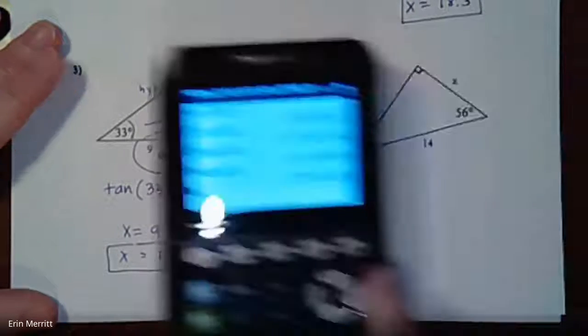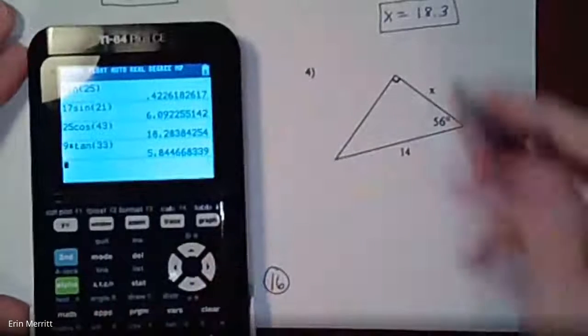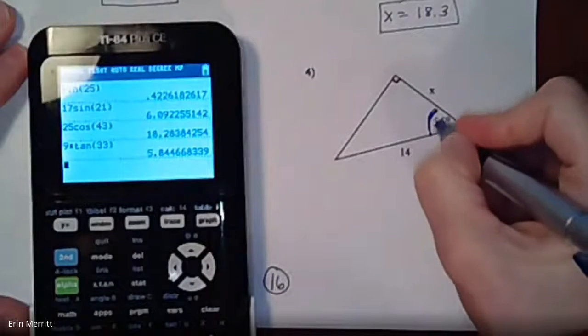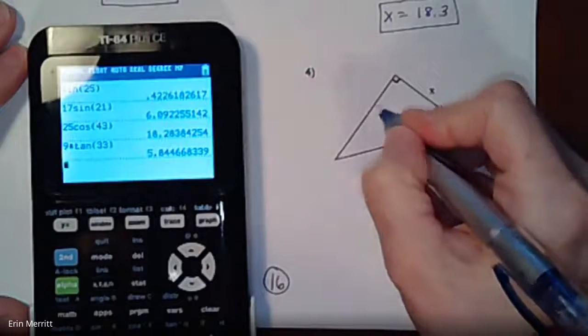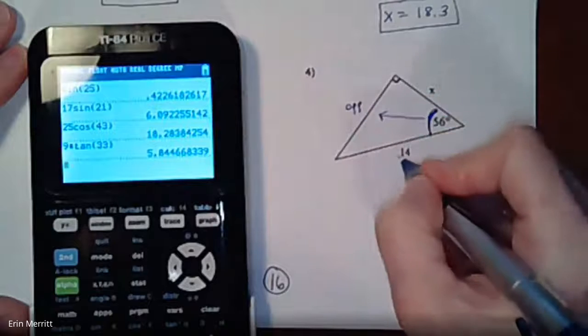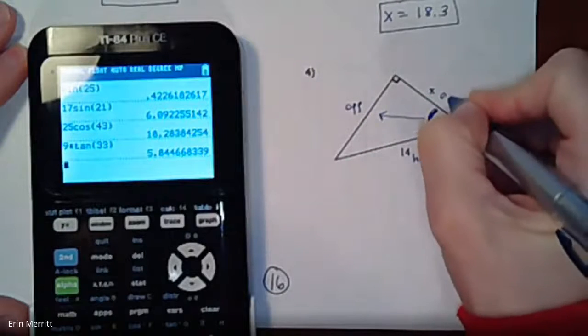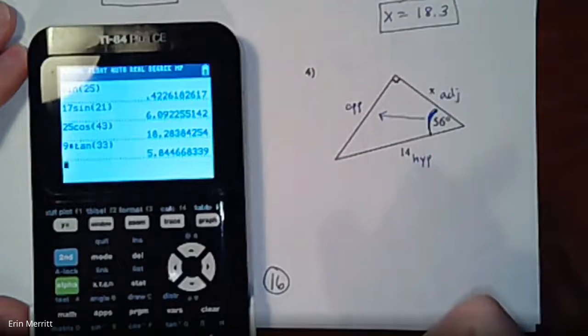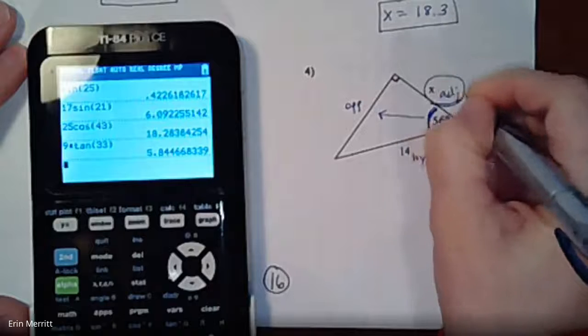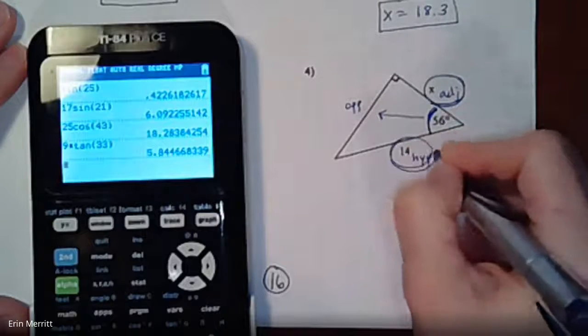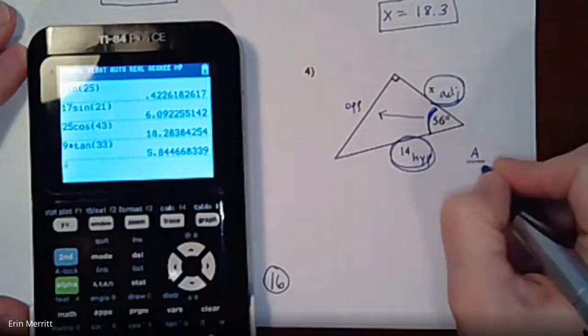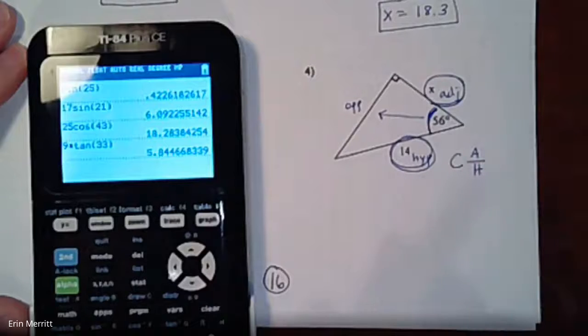All right, last one together in the notes. Here's my angle 56. Here's my opposite. This is my hypotenuse. Here's my adjacent. The only two sides that are labeled, though, are the adjacent and the hypotenuse. So A and H, that's going to be cosine.